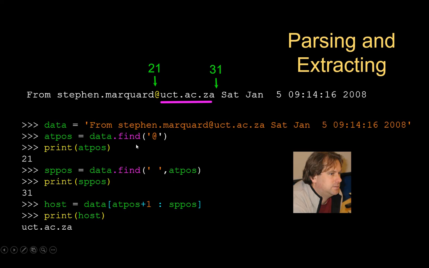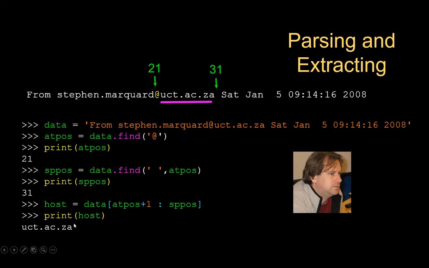The find method can be used with another input, which is the location that we want to start our search from. In this example, we didn't start from the beginning, we started from the location of the @ sign.